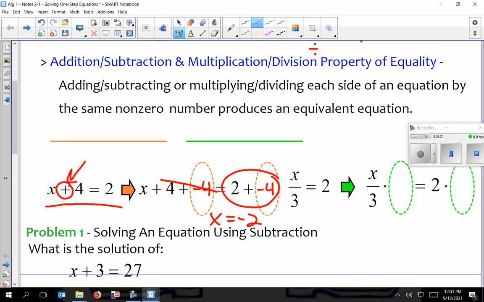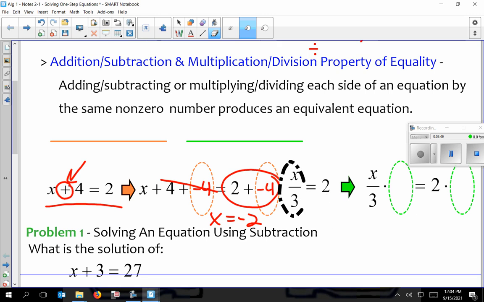okay? In this particular problem, this is actually a division problem, okay? Division in math can always be written as a fraction. So if it's division, then I'm going to undo it with multiplication. When we have a fraction like this, I'm going to multiply by the denominator. Actually, I'm going to put it up here so we don't get confused.